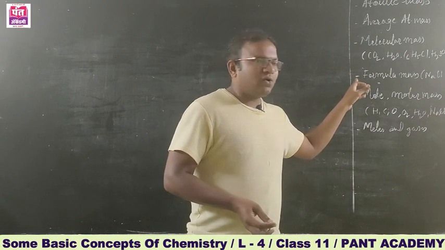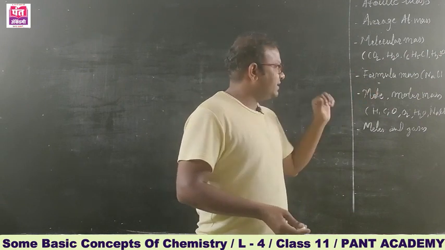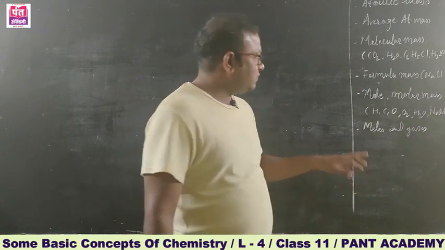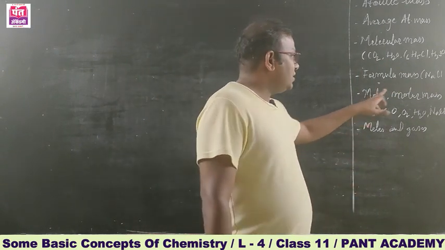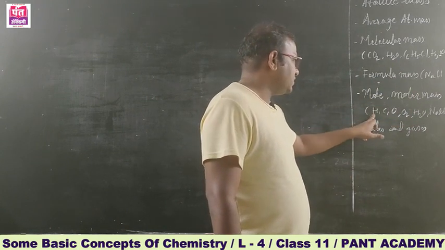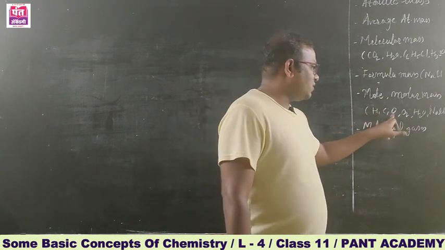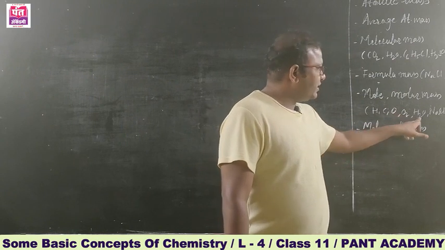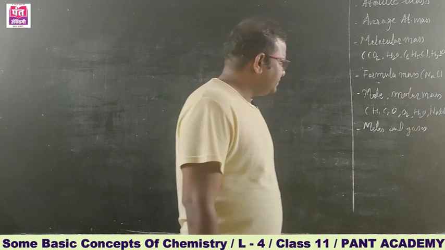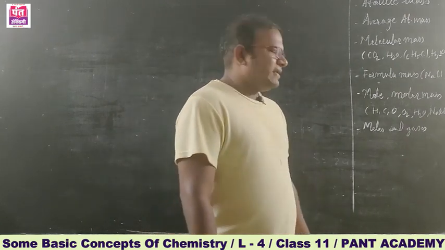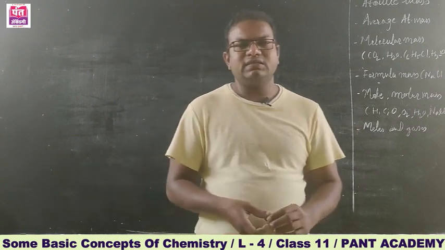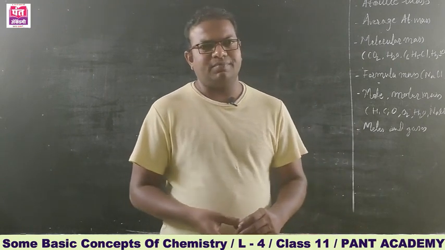Then we will see formula mass, for example NaCl. Then we will see the concept of molar mass. In that we will see examples of hydrogen, carbon, oxygen, O2, H2O, NaCl. And last we will see moles and gases. Okay, so let us deal with the remaining part of this topic.